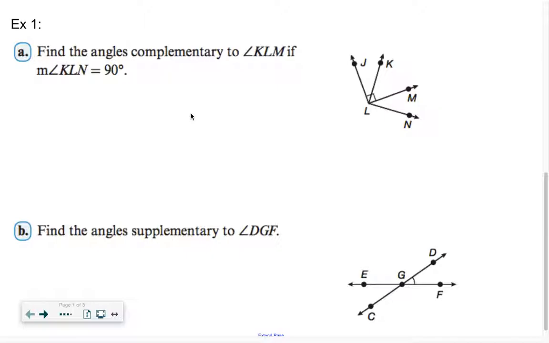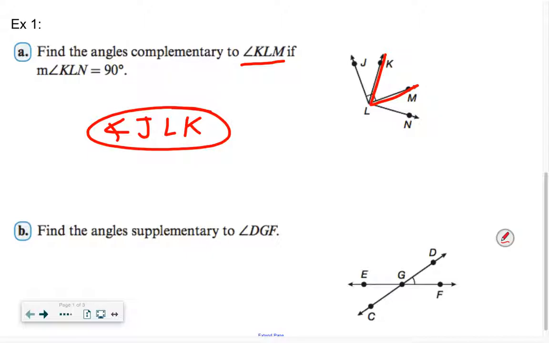My apologies. I thought we were looking for angles. If we look at the angles that are complementary to KLM, that means we want to identify the angle that together forms that right angle. So there it is. My apologies.